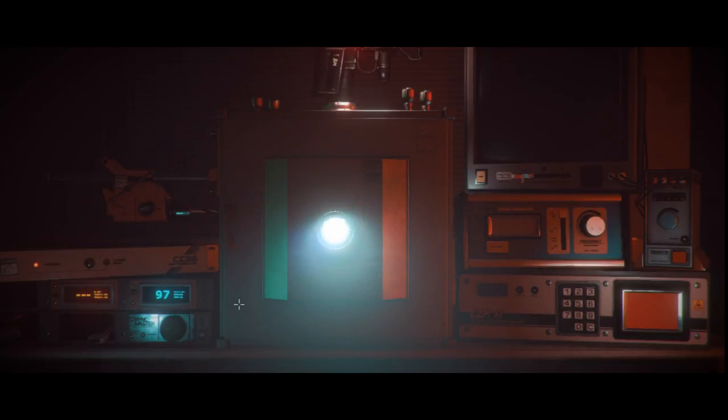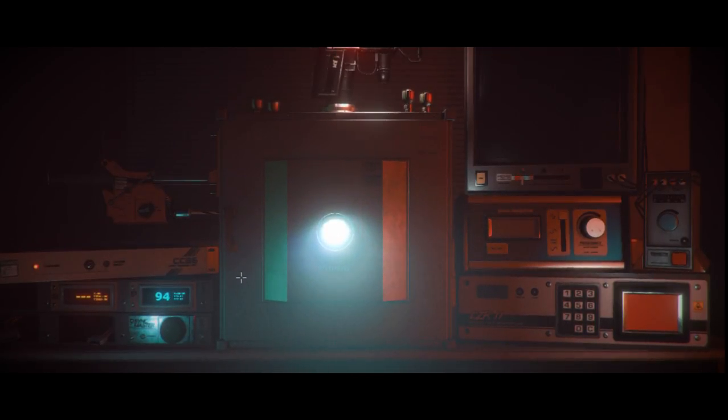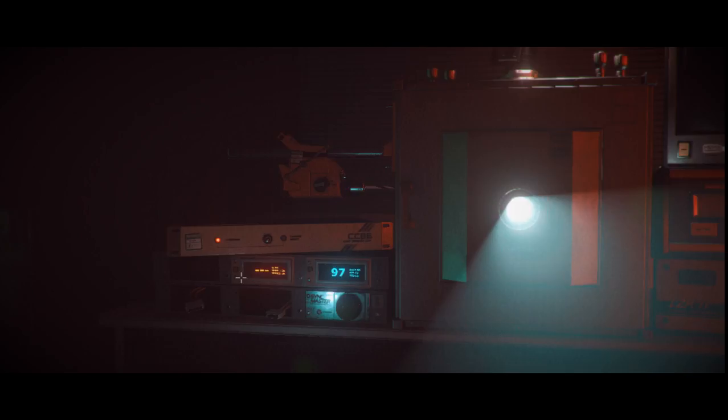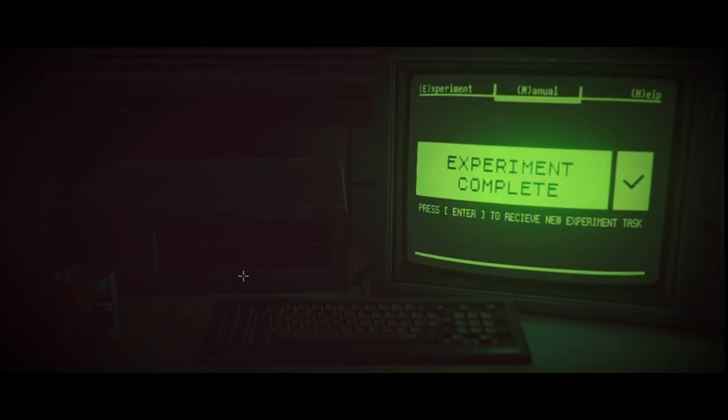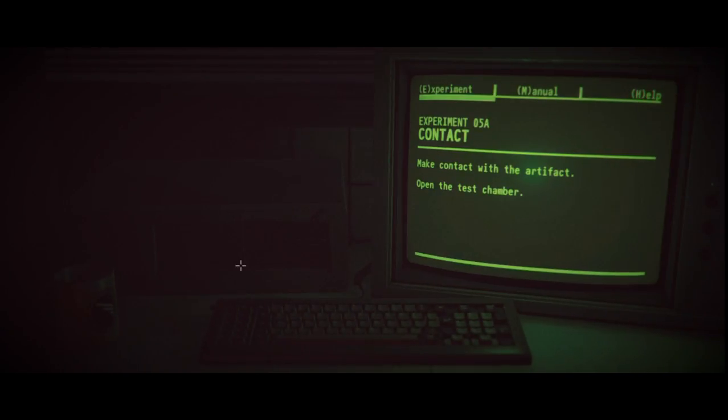How do you feel? Don't be scared. We have the situation under control. Take a few moments, and when you're ready, we'll continue. It contacts the artifact. Open the test chamber.